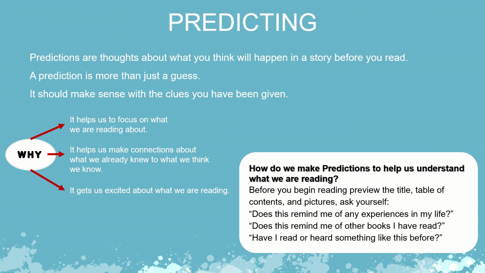Well, before you begin reading, you just preview the title, the table of contents, if it is a book, and pictures. Maybe the text you are reading contains pictures. You can use the pictures to predict. And then ask these questions to yourself. Does this remind me of any experiences in my life?